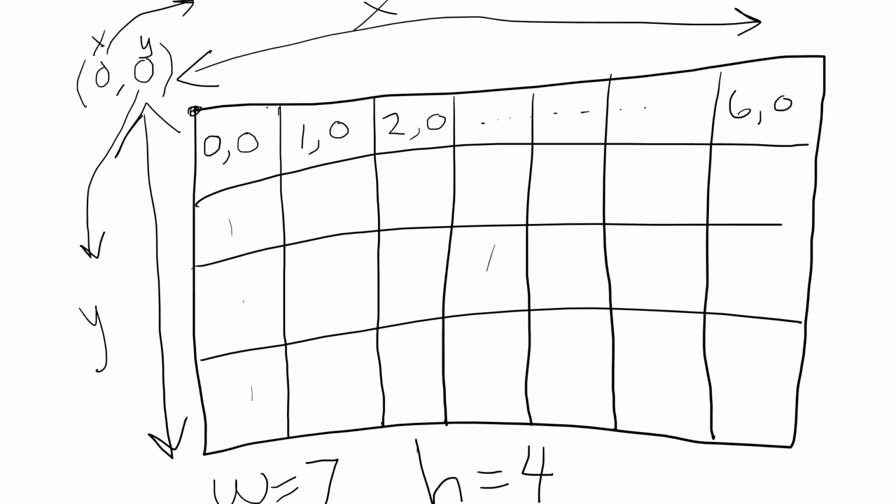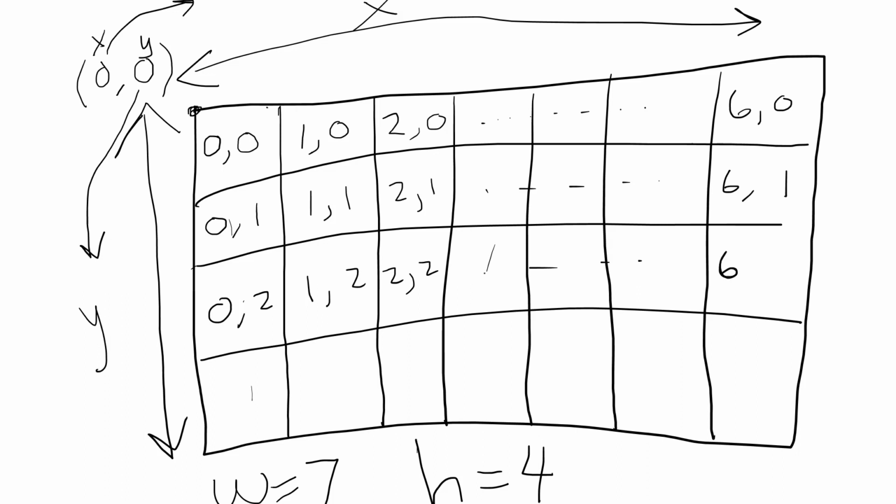Now you have Y of 1 and X position of 0, so it would be 0, 1 right here. And now this would be 1, 1, 2, 1, and all the way to 6, 1. This third pixel vertically would be 0, 2. Now you have 1, 2, 2, 2, and so on and so forth to position 6, 2. So right here where I am, X is 6 and Y is equal to 2.